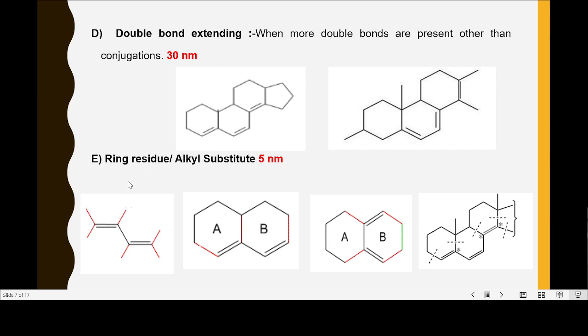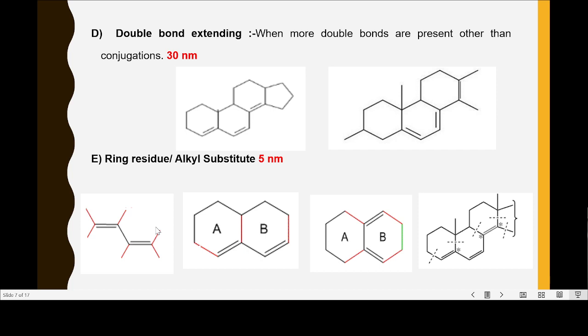Coming to the fifth rule, ring residue or alkyl substituent. Look at this first example. This is a normal 1,3 butadiene structure in an acyclic structure, so the base value will be 217 nanometer. How many ring residues or alkyl substituents are there? 1, 2, 3, 4, 5 and 6, which I have marked in red color.